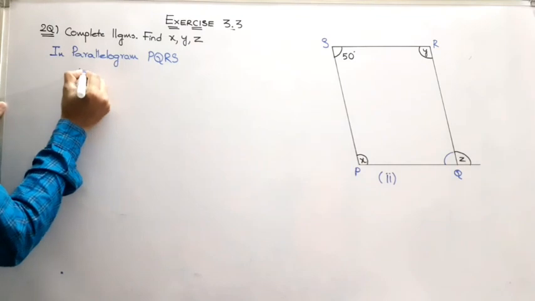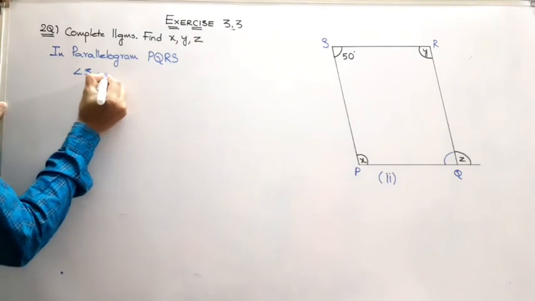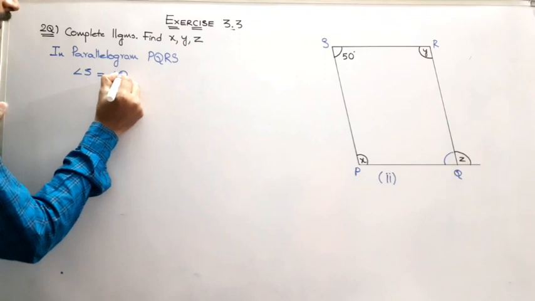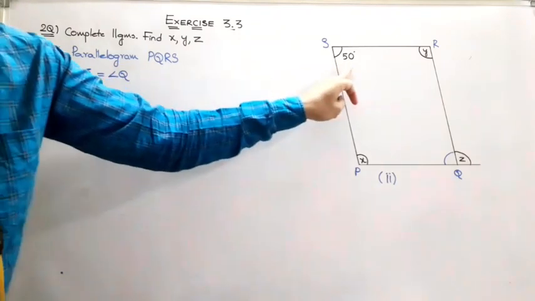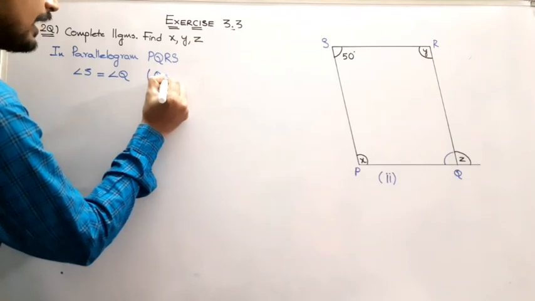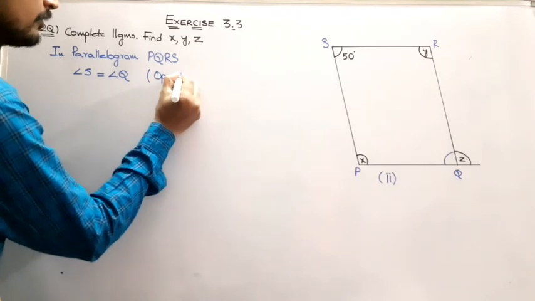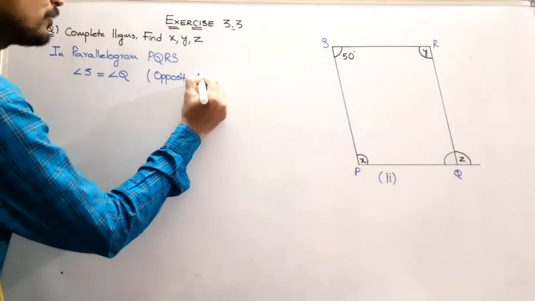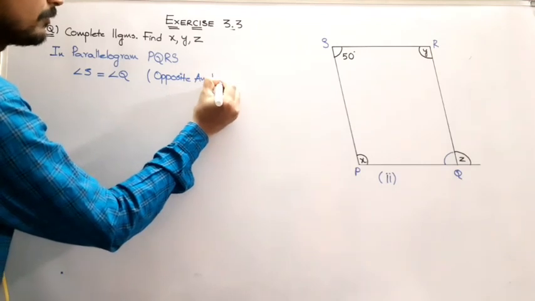Angle S is going to be equal to angle Q, isn't it? Reason: opposite angles. Being a parallelogram, opposite angles are going to be equal.